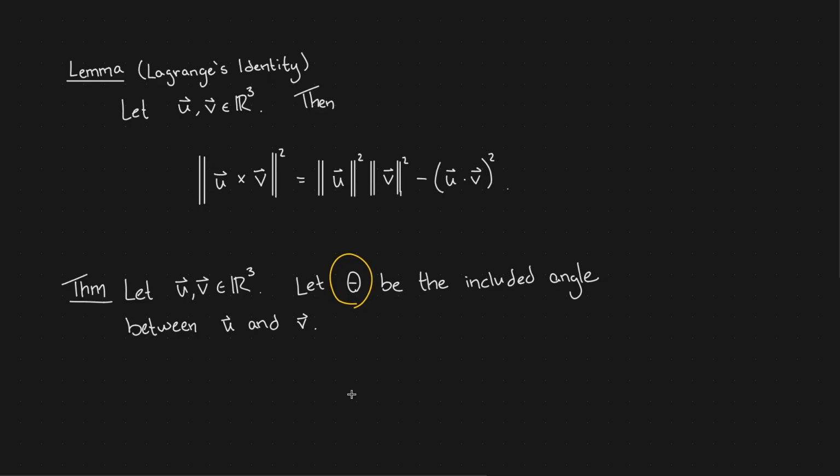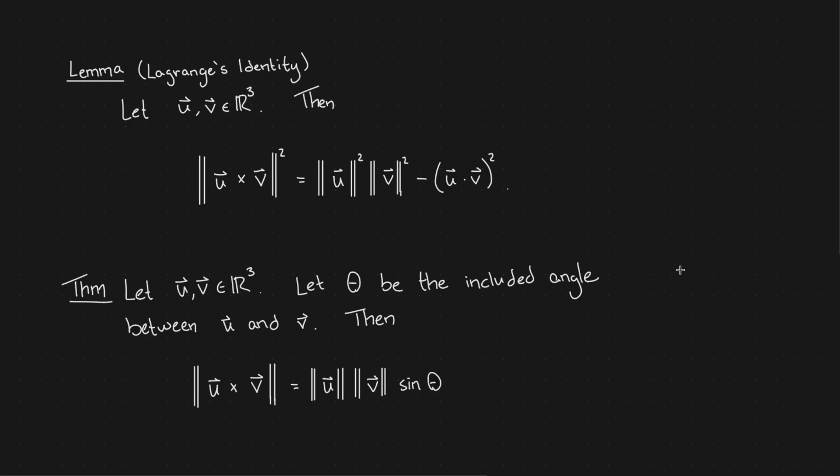Between 0 and pi, because it's always the smaller angle. Then the norm of the cross product of u and v is equal to the norm of u times the norm of v times sine of the angle between them.